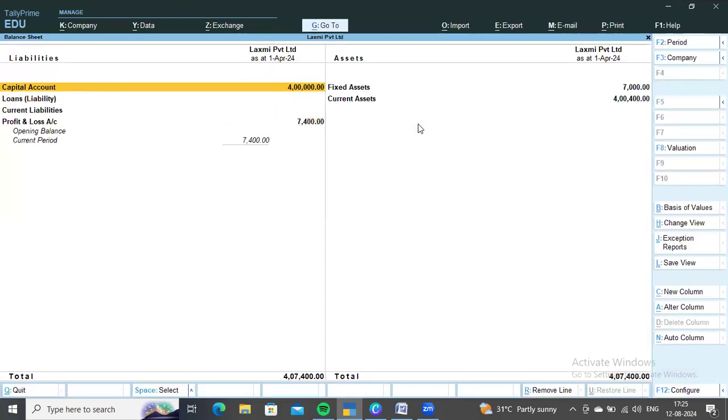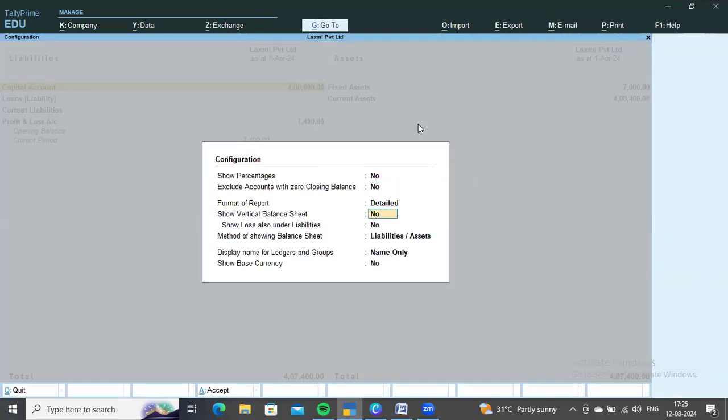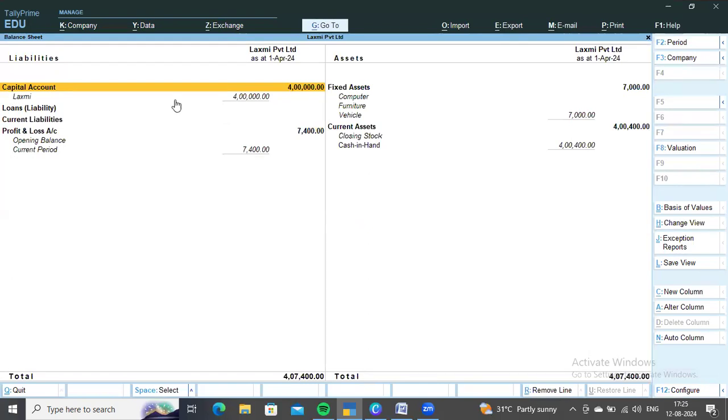That's why it's showing on credit side of profit and loss account. Next, go to balance sheet. F12 and give detail here. Capital, profit and loss. The balance of net profit has been transferred to liability side of balance sheet. And computer, furniture. Yes, we sold these two fixed assets, computer and furniture. And vehicle. Yes, the profit of computer reflects on credit side of profit and loss account.